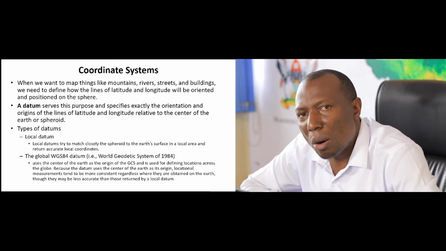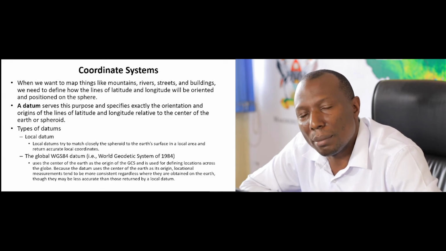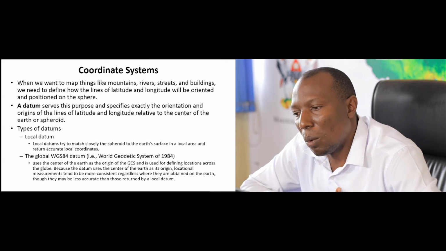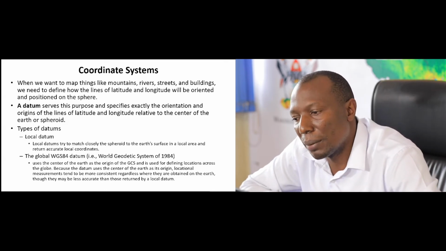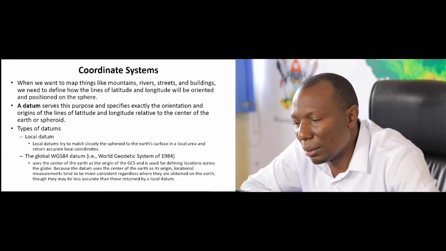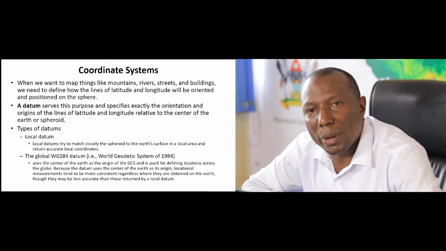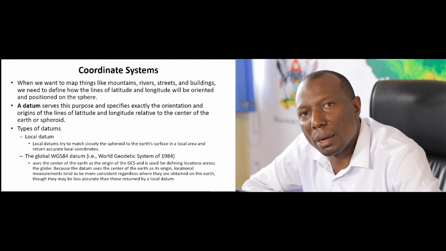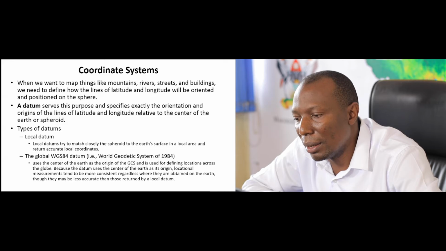Now, one component that colleagues, I want you to appreciate is that countries are being given codes. What Mercator divided and defined as UTM zones. So each country lies within a different zone. For instance, if I'm training GIS in Rwanda, I know that is zone 35 south. If I'm doing some training in Dar es Salaam, I know that is zone 37.